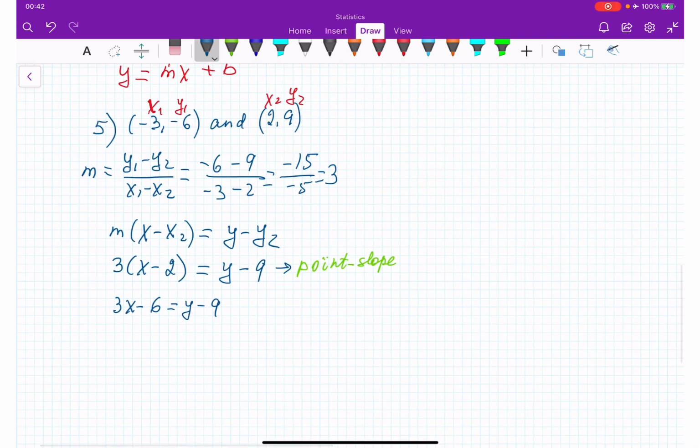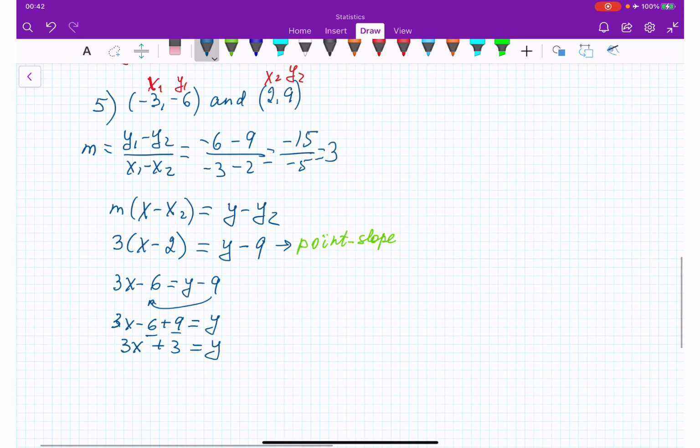So if I move this negative 9 here, it will be positive: 3x minus 6 plus 9 is equal to y. 3x plus 3, combining like terms, is equal to y. Or rewrite: y is equal to 3x plus 3. We are getting our slope-intercept form.